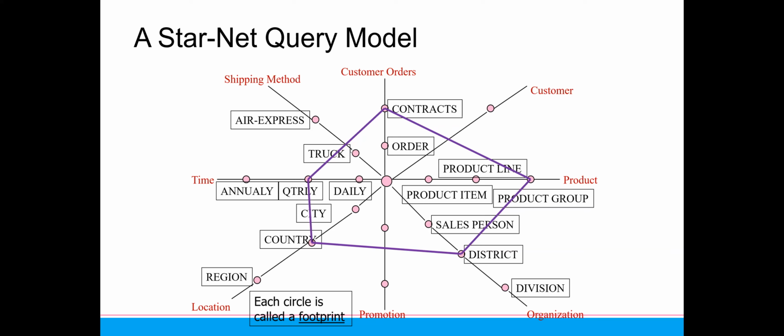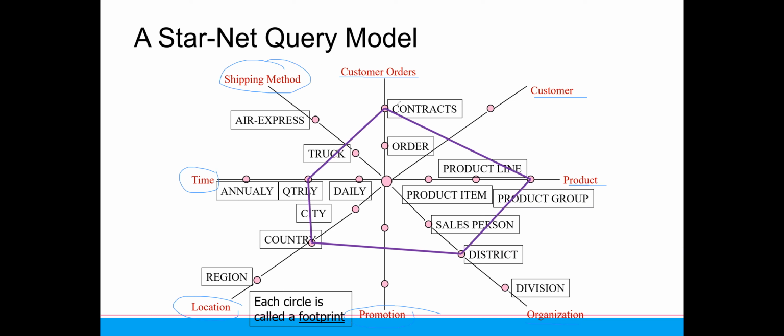There's a more complicated model. We call it the StarNet query model. The StarNet query model refers to more detailed information like the customer orders, the customer, the product, the organization, the promotion, location, and time, including the shipping method.